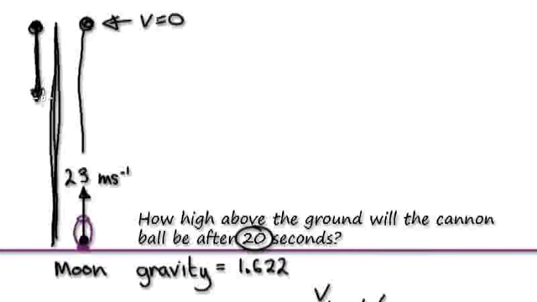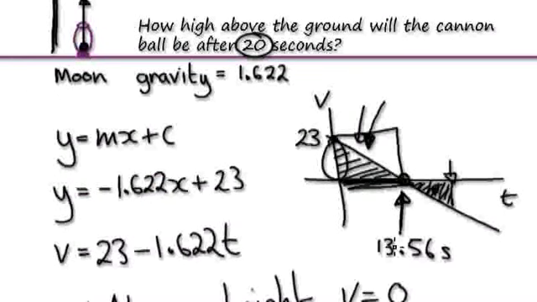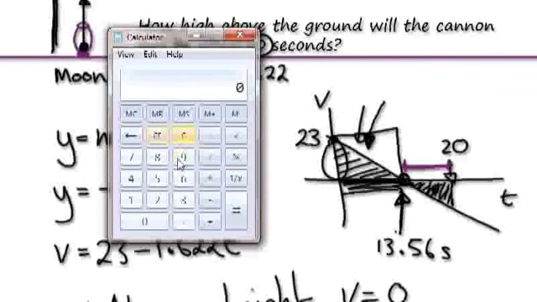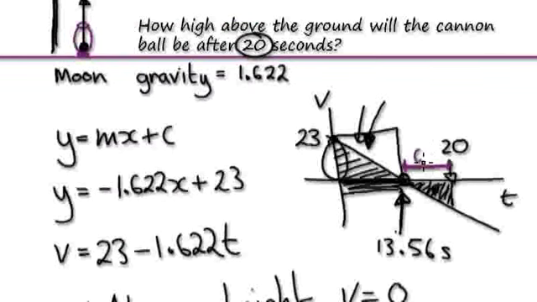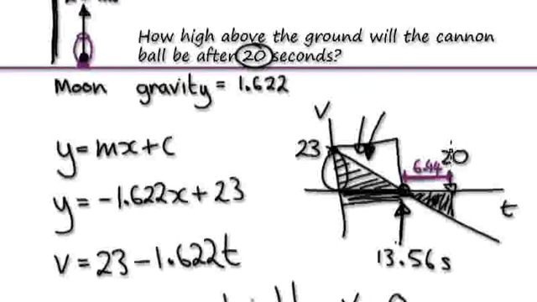If it takes 13.56 seconds to get to here, and this is 20, what would this length of time be? Calculator: 20 take away 13.56 equals 6.44. So it will free fall for 6.44 seconds.